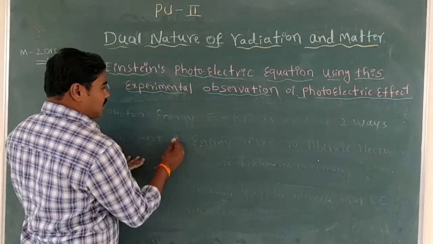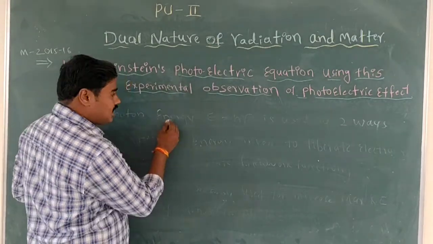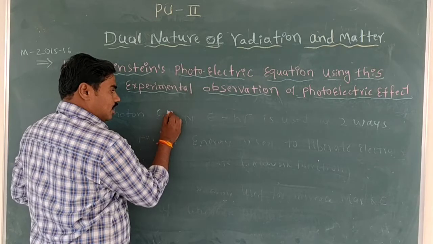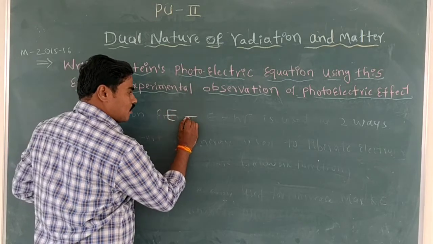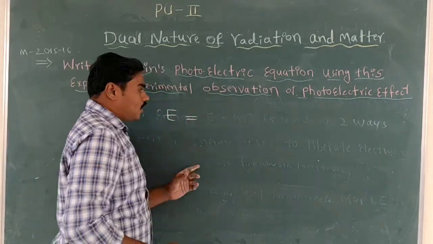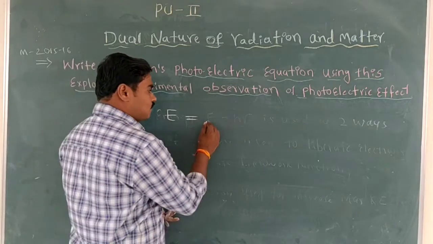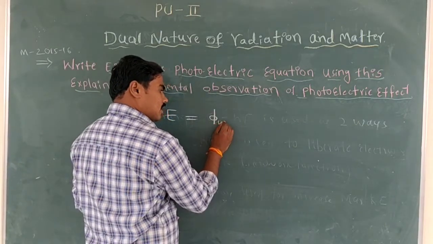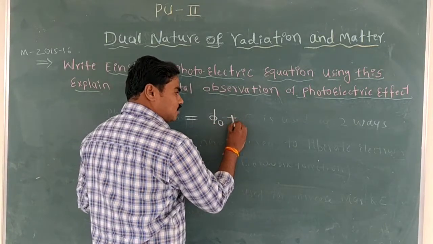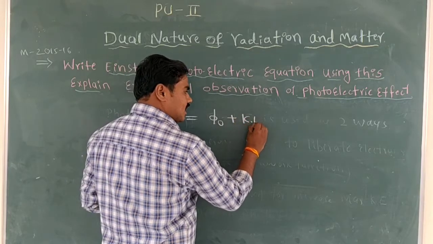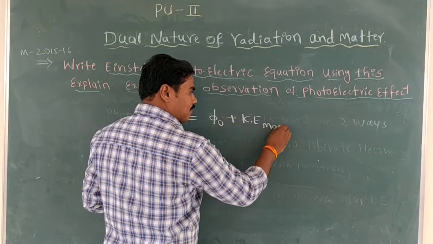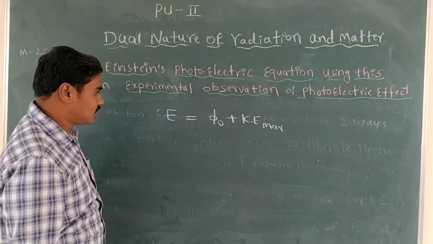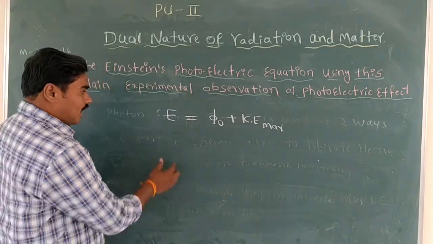Here photon energy, that is the total energy, is equal to work function phi naught plus the remaining energy used for maximum kinetic energy.